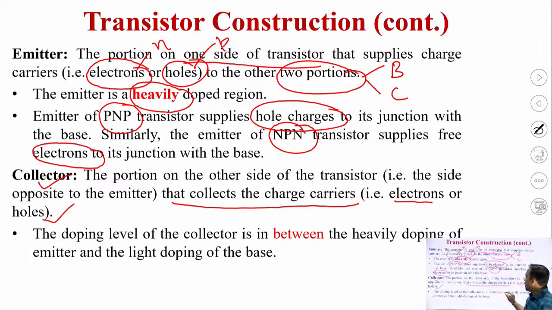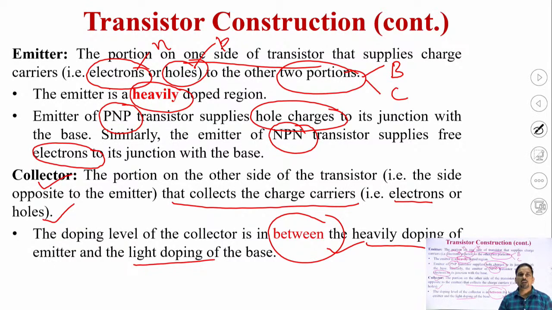Because the collector has to collect the majority charge carriers, the doping of the collector is moderate, meaning it is neither heavily nor lightly doped. The doping will be between heavily doped and lightly doped. We'll see in the next slide that the base will be lightly doped.